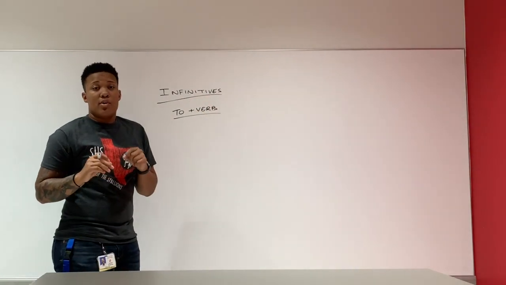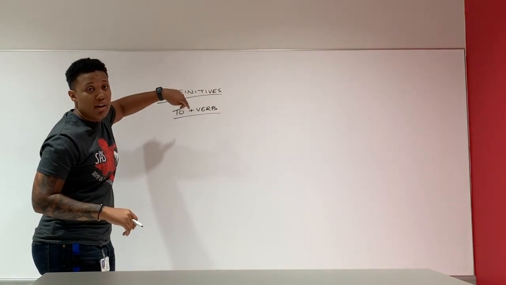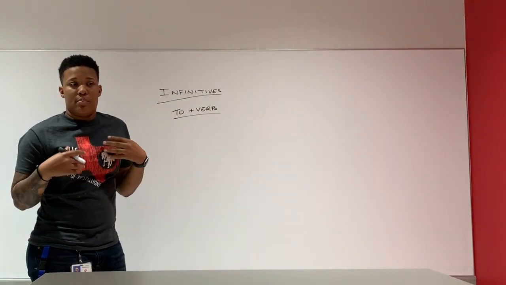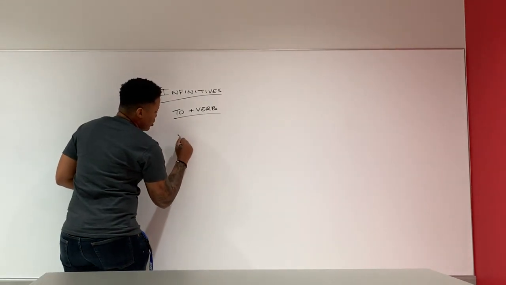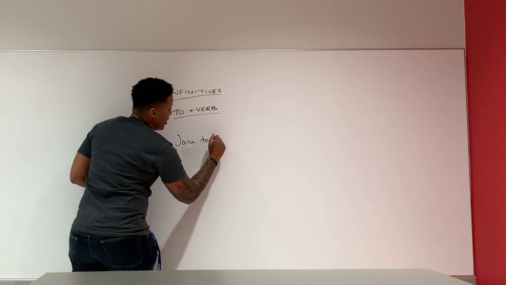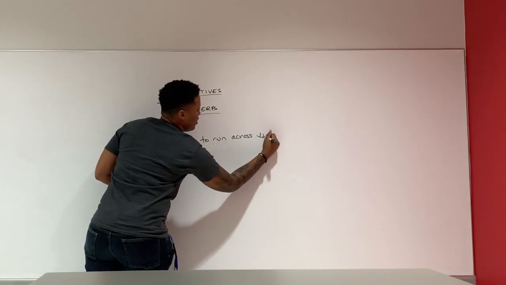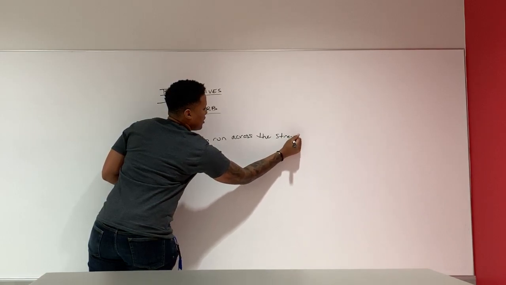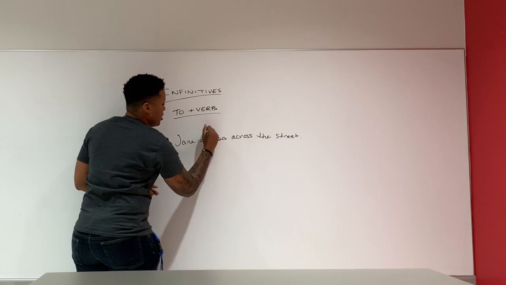Now it's really important to remember that an infinitive, because it has this to form here, can never be the predicate of a sentence. Meaning you're not going to say something like, Jane to run across the street. Like, that's a bad sentence. You would say Jane runs across the street.